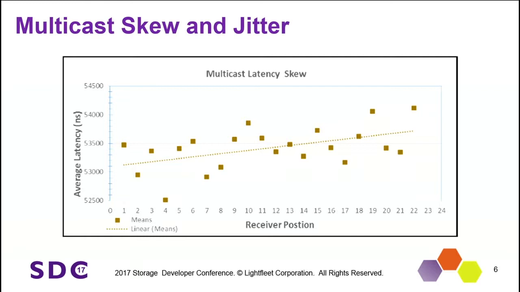The fact that these data points are all over this chart is indicative of the jitter that you see in a packet that's being transmitted through this store and forward methodology. And the fact that this least squared fit line, average arrival at these ports, has an increasing slope to the right is indicative of the fact that it's actually going through and retransmitting these packets rather than sending it all at one time.